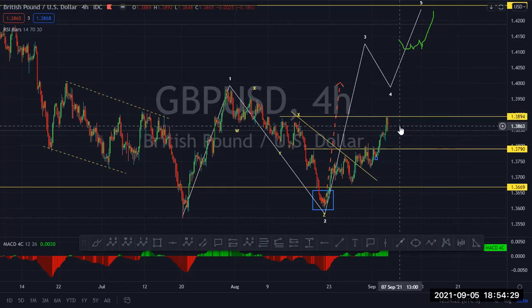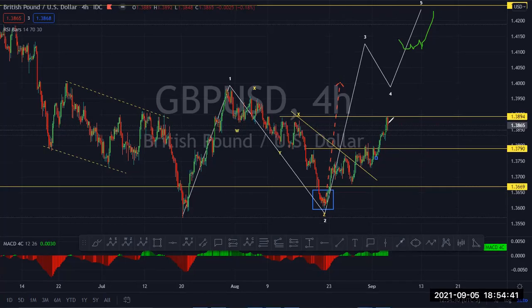Now wave 3 is moving properly. So I expect this between Monday, Tuesday, Wednesday. We likely get a kind of sideways between Monday and Tuesday, then another move. This is what I think will likely happen on pounds USD.